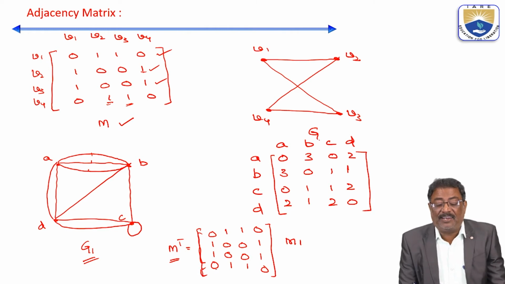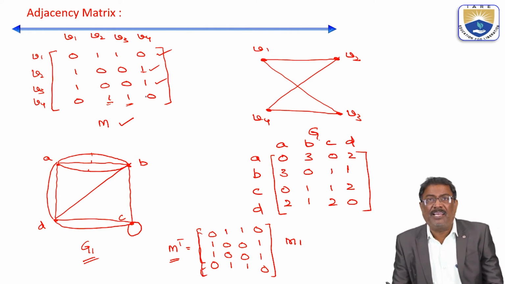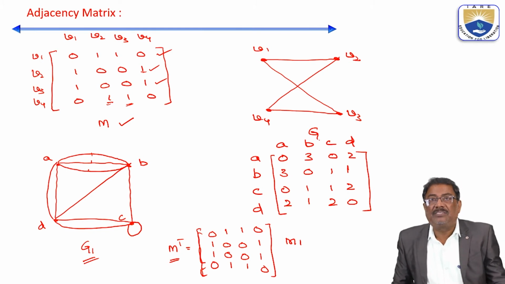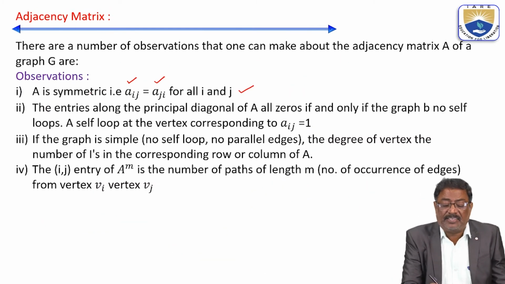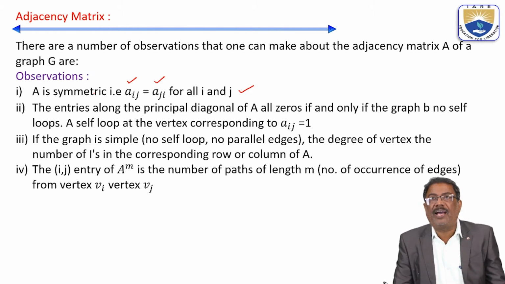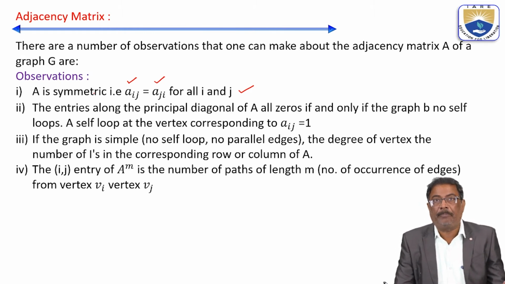So I can say that this is symmetric. If the ith row, jth column element is the same as the jth row, ith column element, then it is a symmetric matrix. So we obtain a symmetric matrix if Aij equals Aji.